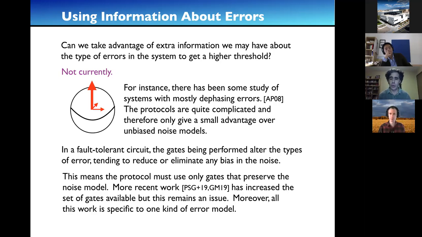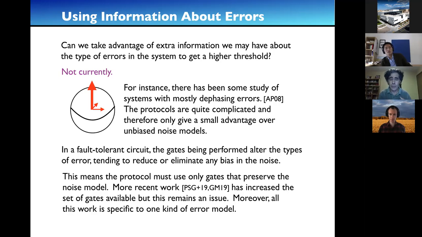So if you had a Z error, a phase flip error, like you get in these dephasing errors, and you do a Hadamard, now it's an X error, which is a bit flip error. If you have a code that's only designed to correct phase errors, and you do a Hadamard gate, then all of a sudden you have bit flip errors, or at least the possibility of bit flip errors. And your code doesn't correct those, so you're out of luck.